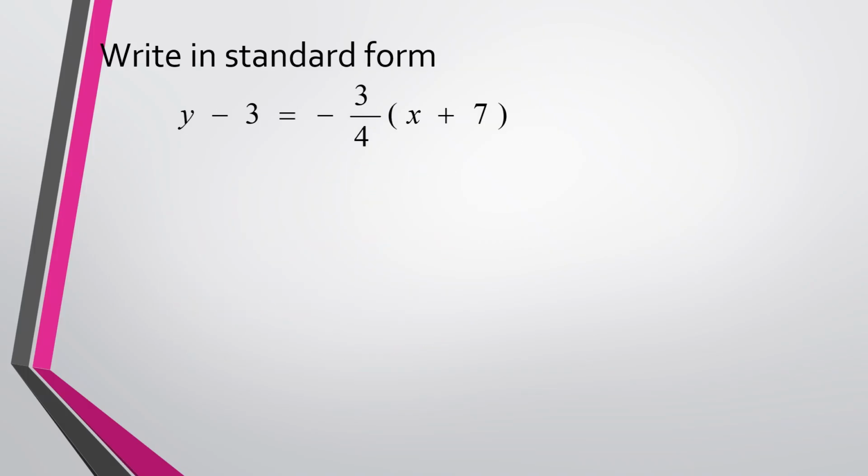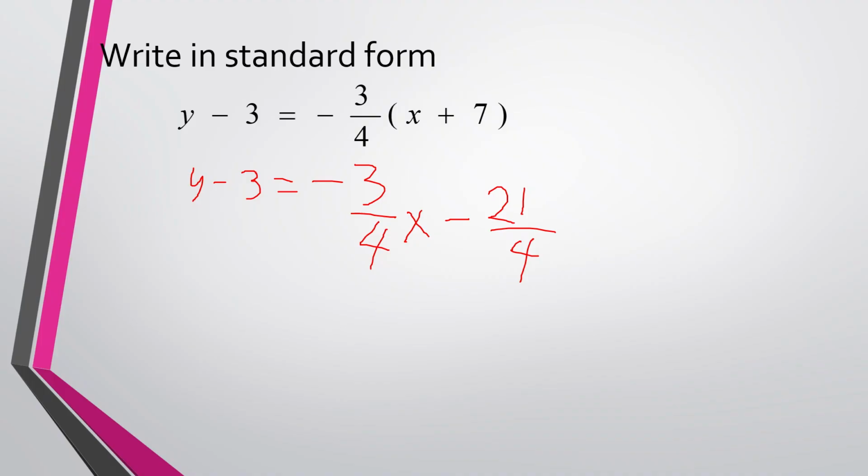All right, next. Let's have another. This one also. Okay, so y minus 3 equals negative 3/4 x minus 7 times, or 3 times 7 equals 21, 21 over 4.